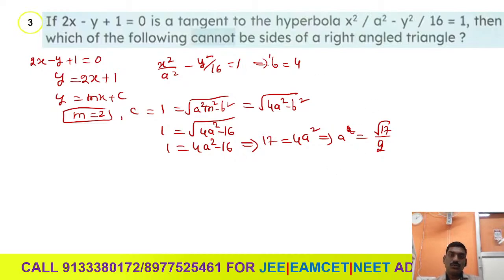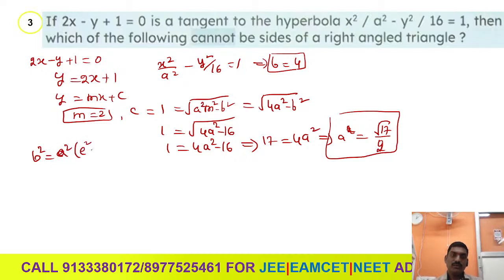b is equal to 4, we already have, and a is equal to square root of 17 over 2. And then try to calculate the eccentricity. For eccentricity, b square is equal to a square of (e square minus 1). So here b square value is 16, a square value is 17 over 4, e square minus 1.